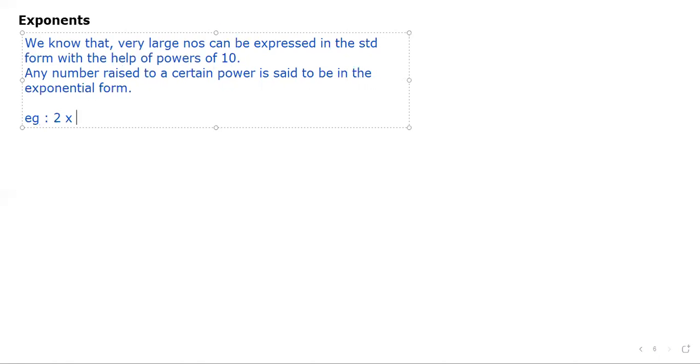Example, 2 into 2 into 2 into 2 into 2 is nothing but, what is 2 into 2 into 2 into 2 into 2? How do we write this number as? 2 raised to 5. Yes or no? Correct? Yes, sir.